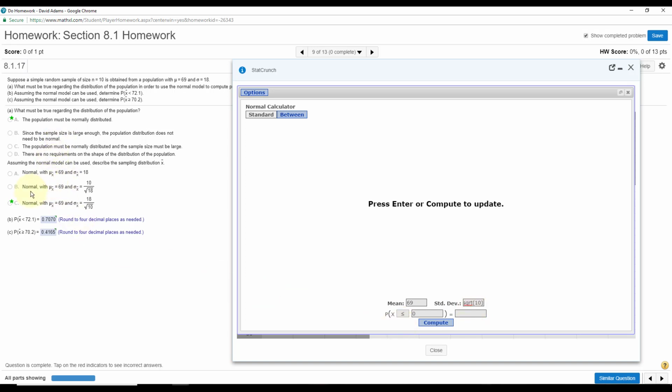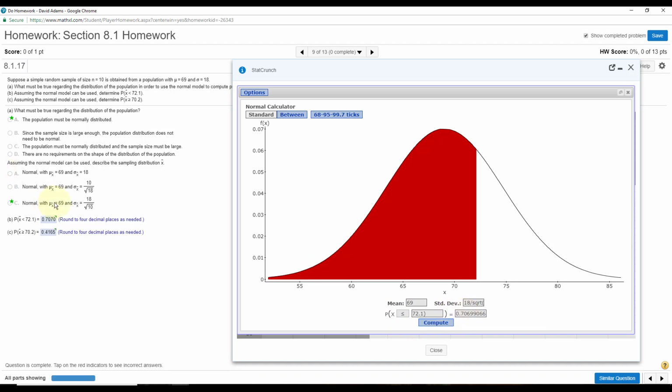And what do I want? Less than or equal to, so I'm fine with that. I put in my 72.1, close parentheses, compute. Do you see how I have the answer? Okay, so let's go to the next problem.